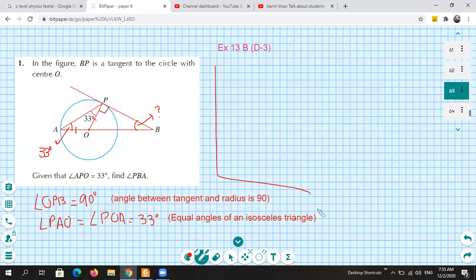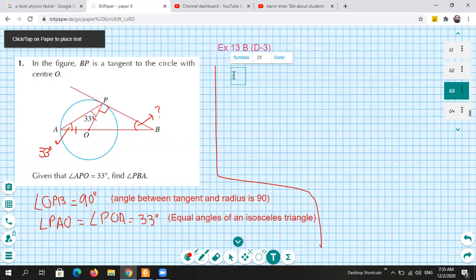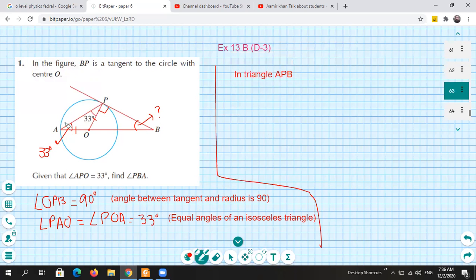So right here, I'm writing: in triangle APB, the sum of all the angles is 180 degrees. So the first angle is 33 at A. The second one is this one, this 33 plus 90.